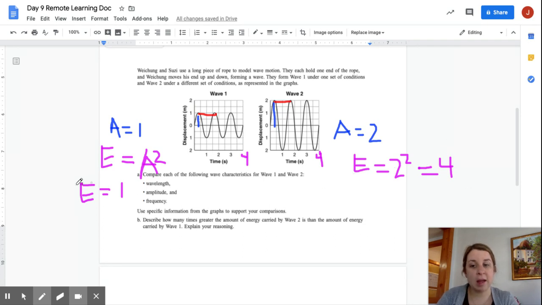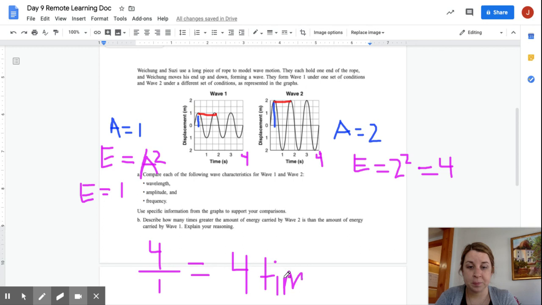We just figured out the energy for each wave. To figure out the amount of energy total, we have to take that 4 and divide it by 1, because you're looking at how many times greater something is. So you're forming a ratio. So that means that wave 2 carries 4 times the amount of energy. Okay?